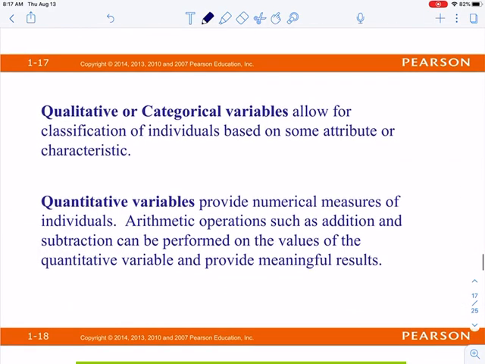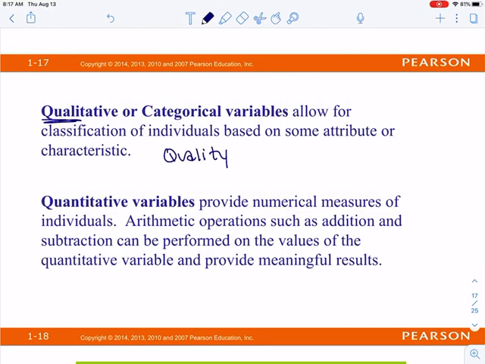So here we go with our qualitative and categorical variables. Qualitative or categorical variables allow for the classification of individuals based on some attribute or characteristic. If you look at the word qualitative, really in the beginning there, you see the word quality. So anything that's qualitative is going to describe a quality.